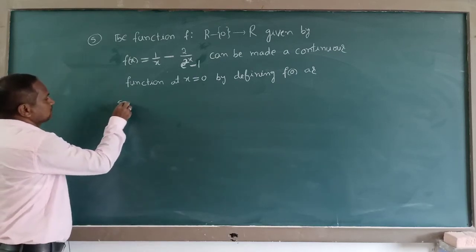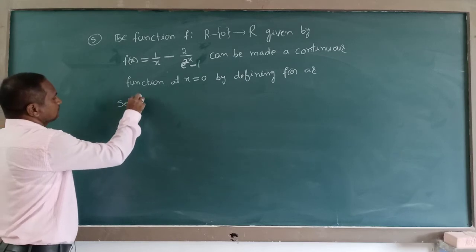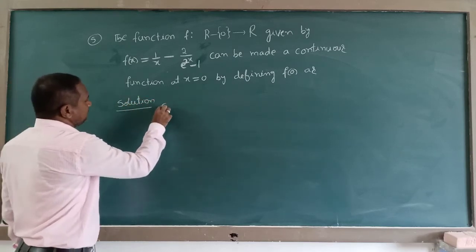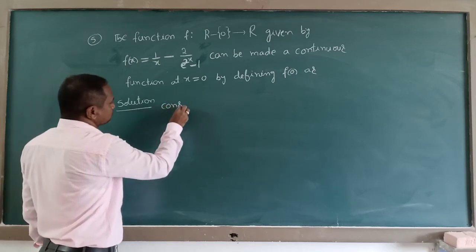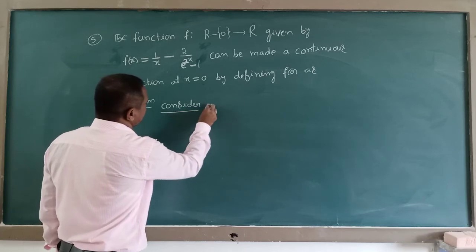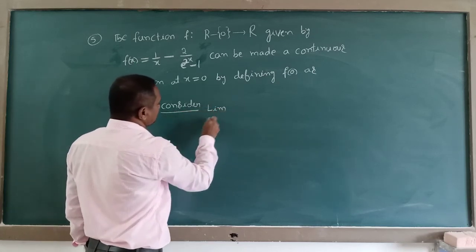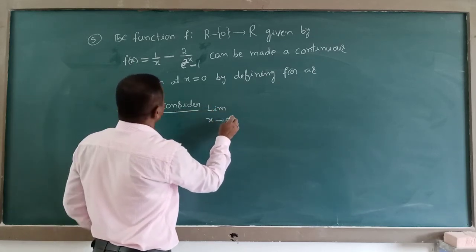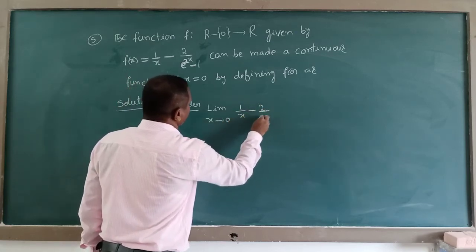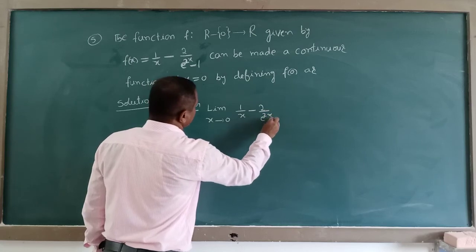Consider the limit as x is tending to 0 of f of x, which is 1 by x minus 2 by e to the power of 2x minus 1.